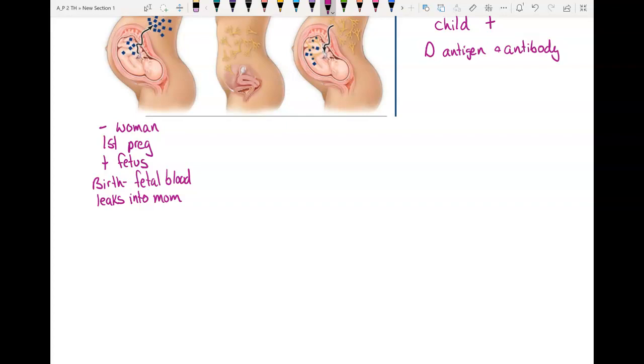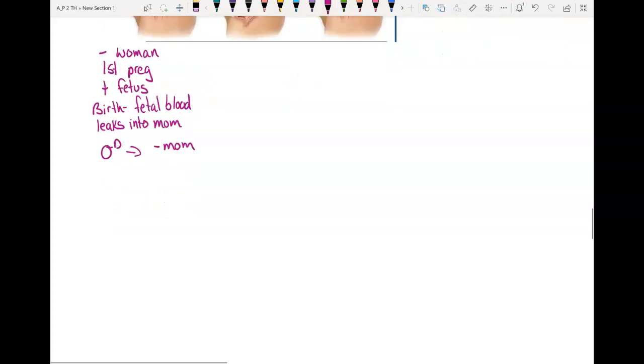So remember, this fetal blood is positive. It has D's on it. And this leaks into the mom, who is negative. This sensitizes her. This sets off her immune system. Her immune system makes a bunch of D antibodies because this positive blood is foreign to her and her immune system doesn't like it. So it sensitizes her.